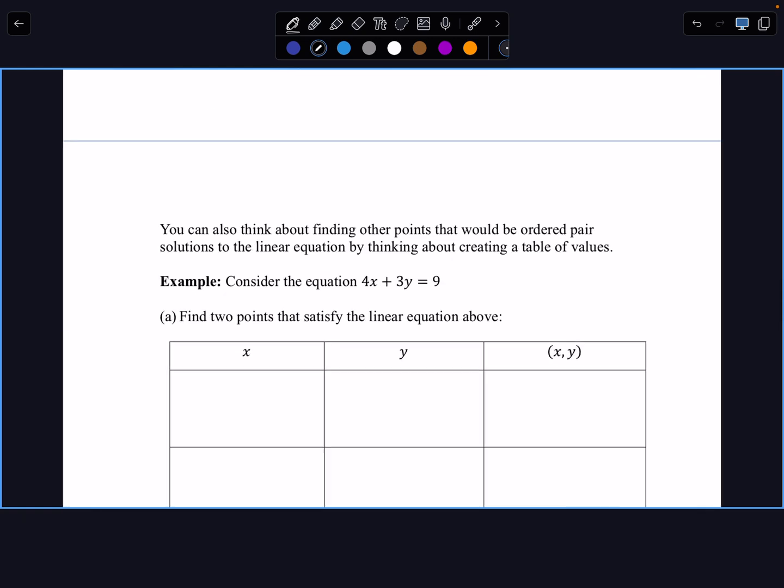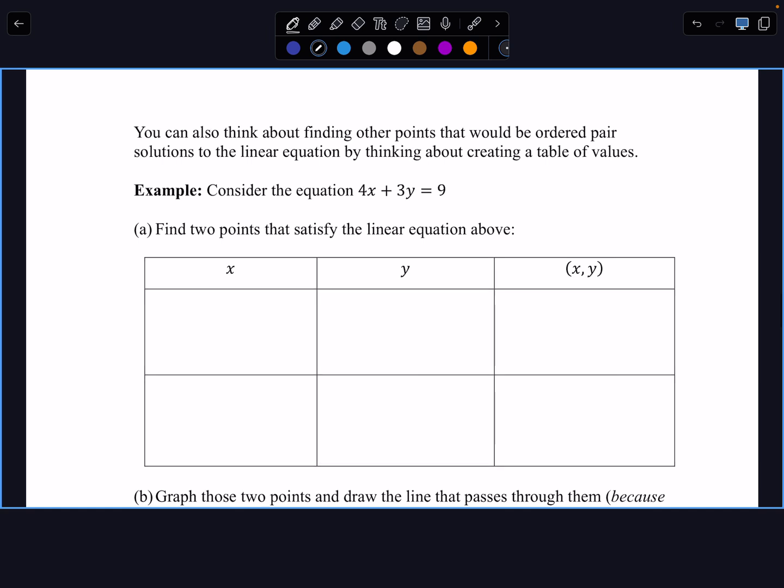Okay, now you don't technically need intercepts. This is kind of where I disagree, I don't disagree, like it's allowed. But the textbook, this entire section, they don't even mention x or y intercepts. All they basically have you doing from standard form is thinking about making a table of values, which you technically could do.